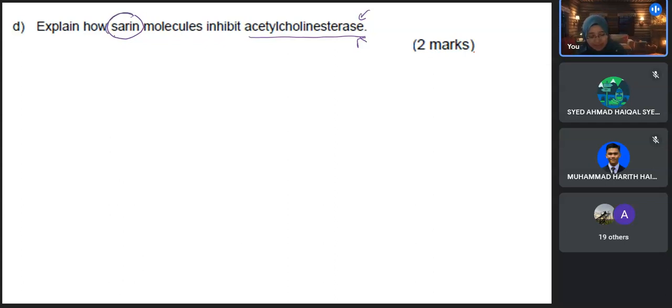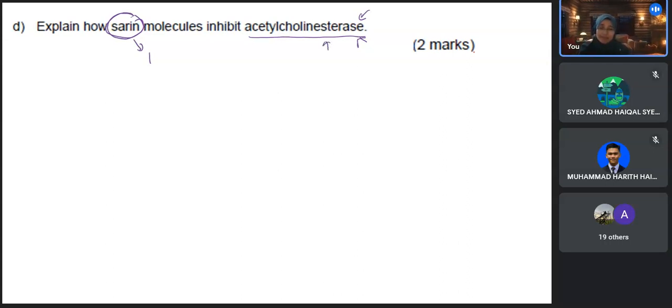So basically serine will function as an inhibitor, but you have to identify what type of inhibitor. It is an irreversible inhibitor. What does it mean? It binds permanently to the active site of acetylcholinesterase.